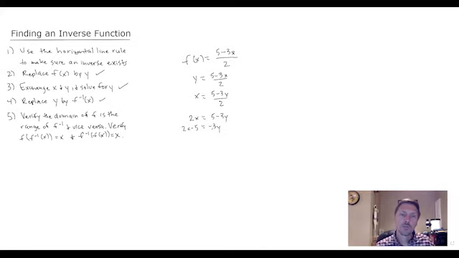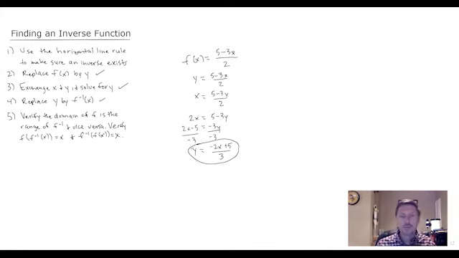And so if we divide both sides by negative 3, we get y equals negative 2x plus 5 over 3. And so they did 5 minus 2x over 3, but either's fine. So this would be the inverse function. That would be my inverse function there.